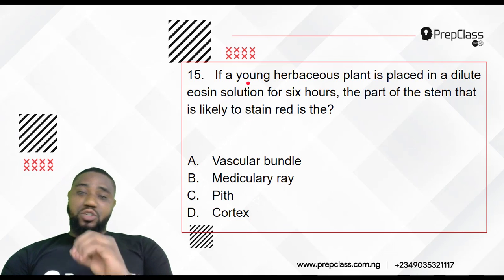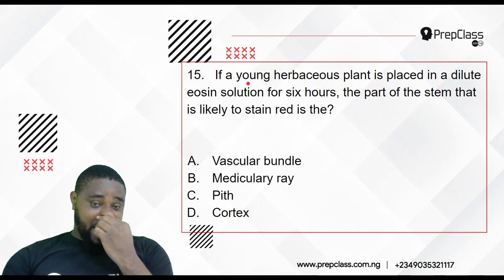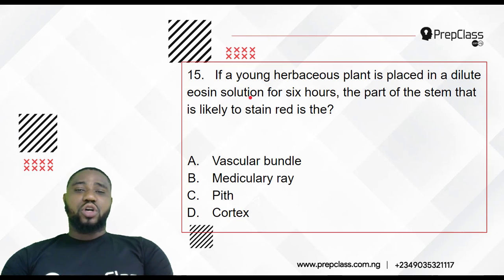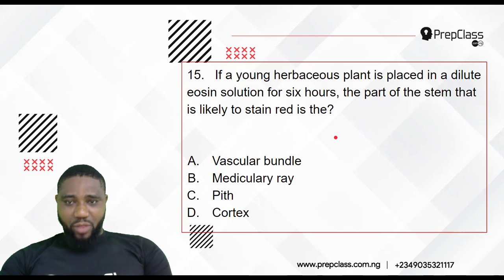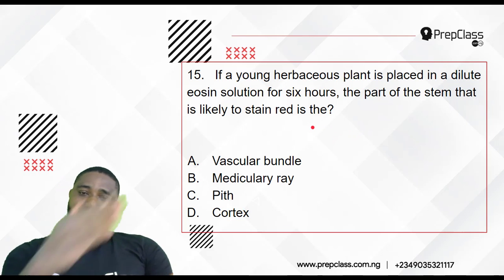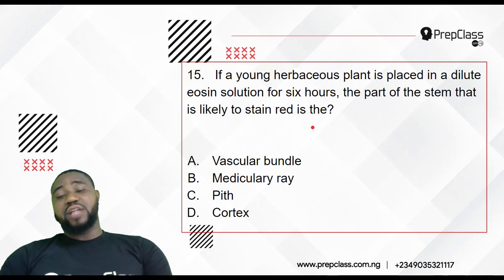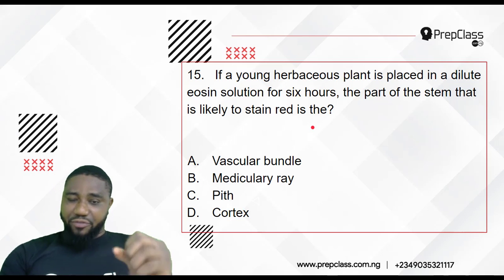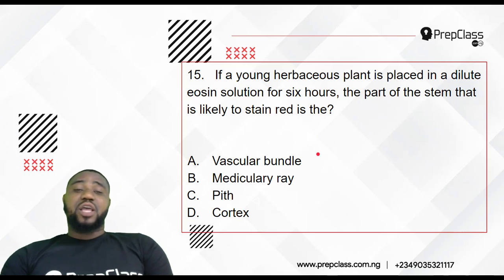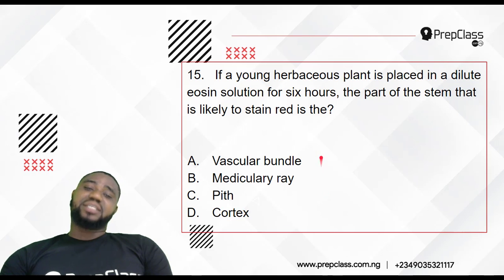So when you place a young herbaceous plant in a dilute eosine solution, which is reddish in color, for 6 hours, they are now asking you which part of the stem, when you cut a longitudinal section through the stem and view it through a microscope, will be stained red? Is it the vascular bundle, medullary ray, pit, or cortex?